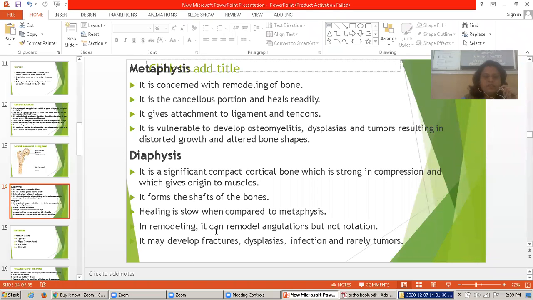In remodeling, the diaphysis can remodel angulation but not rotation, and it may develop a fracture, dysplasia, infection, and rarely a tumor.